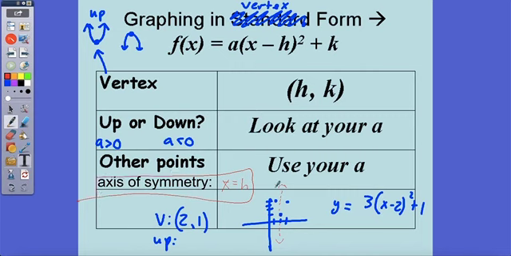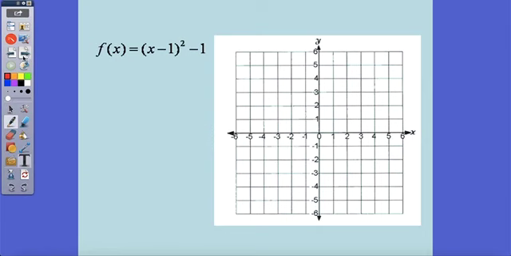It's called the axis of symmetry because points across it are equidistant on either side. So let's do an example together and I'll show you what I mean.